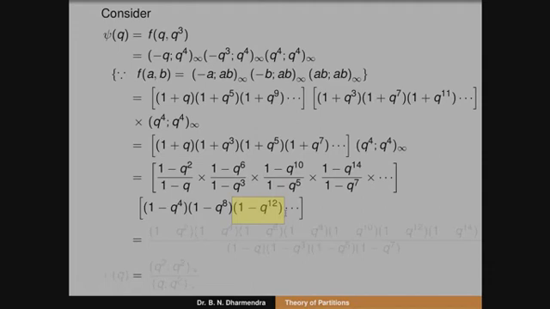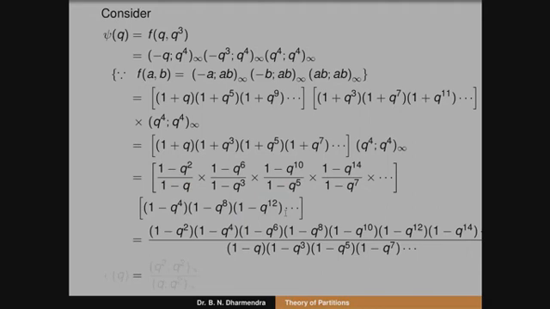So therefore, in the denominator the terms are odd powers, and in the numerator the terms are even powers. Both are negative terms: minus q square, minus q to the power of 4, minus q to the power of 6. So it can be rewritten as: the first term of the numerator is q square, and the jumping term, or the base, is also q square.